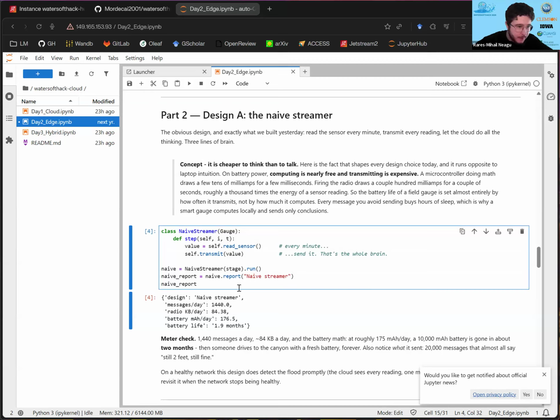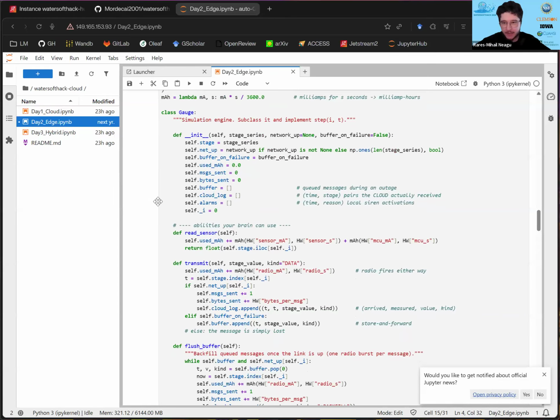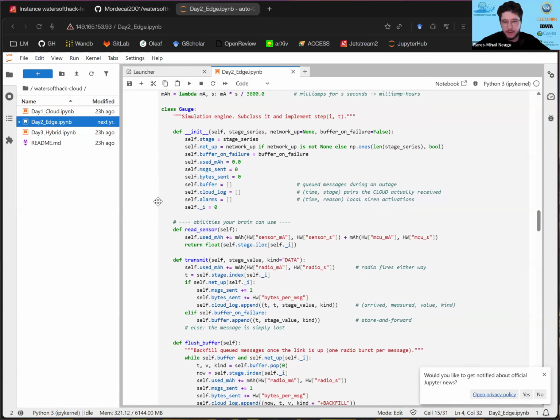Any other questions? So even if the step was defined inside the parent class, it would not change anything, right? Very good question. So why do we use inheritance and why do we try to make classes and so on? Because this gauge class is going to have a lot of functionalities that any gauge is going to have.